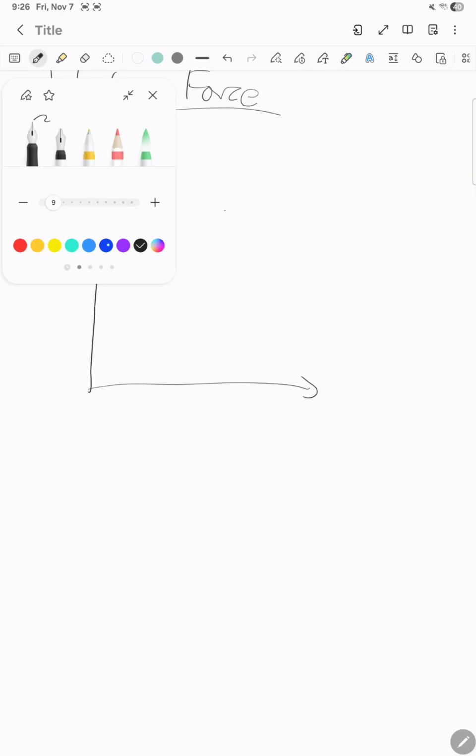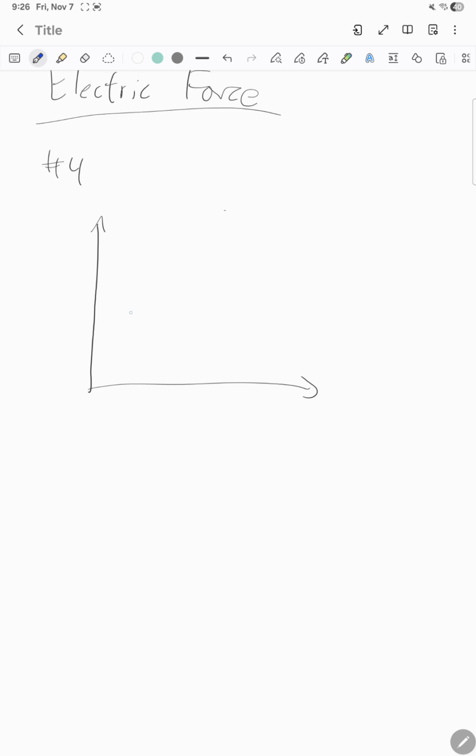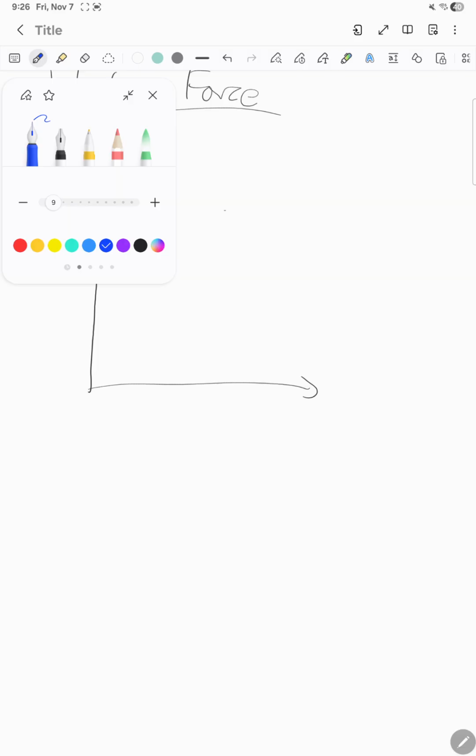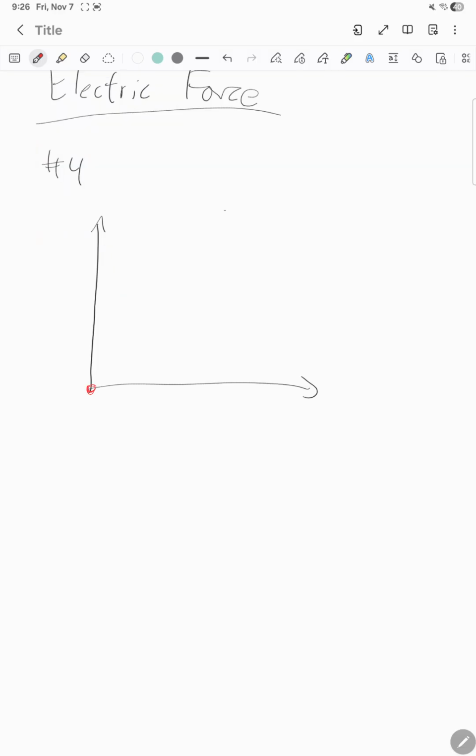You know what? Blue will be the negative ones, and the red will be the positive ones. So Q1 is right here at the origin. It's a bit bigger, I guess. This is Q1.